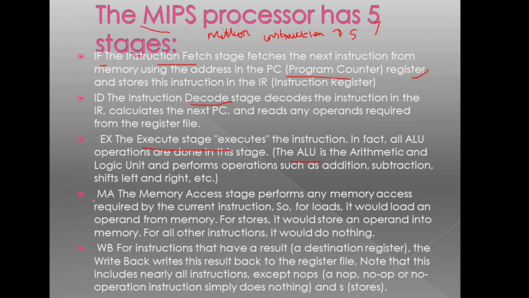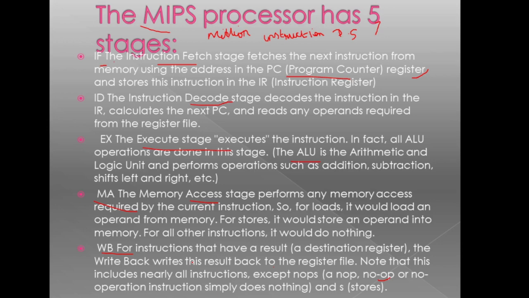And the fourth stage is memory access. It will store the data obtained from the execution stage. And the fifth stage is the write back stage. It will write the result back to the register file, and note that this includes nearly all the instructions except the no operation instruction.